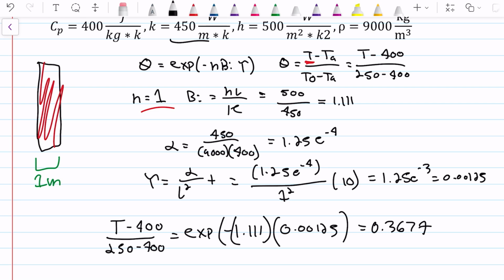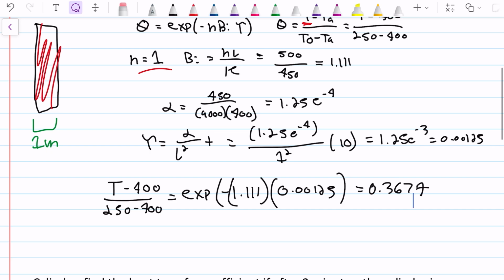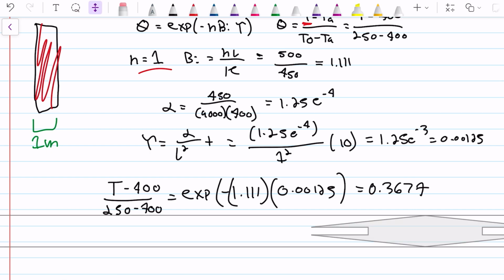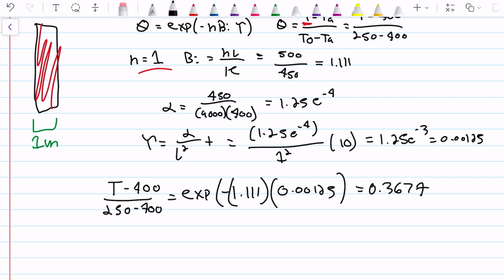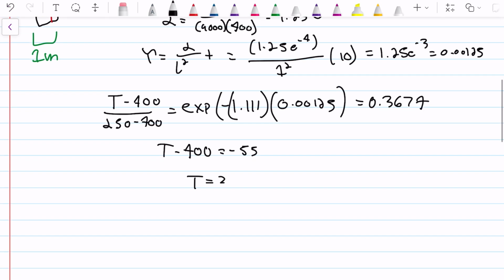And then 250 minus 400 is negative 150, so times negative 150, you get T minus 400 equals negative 55. Add over 400. And then we're going to get T is equal to 344.9.